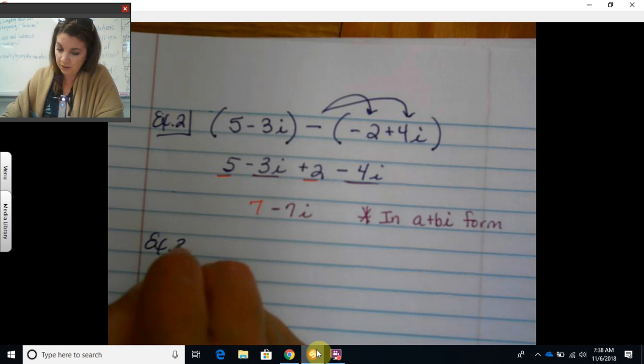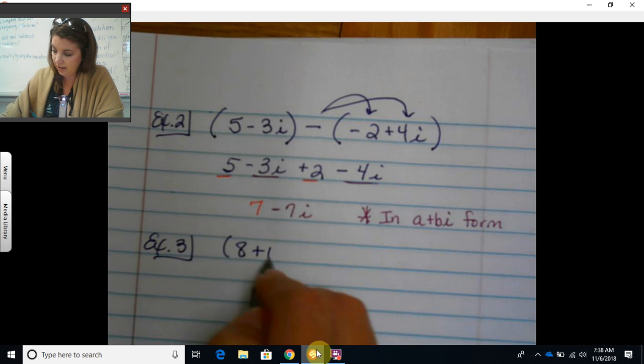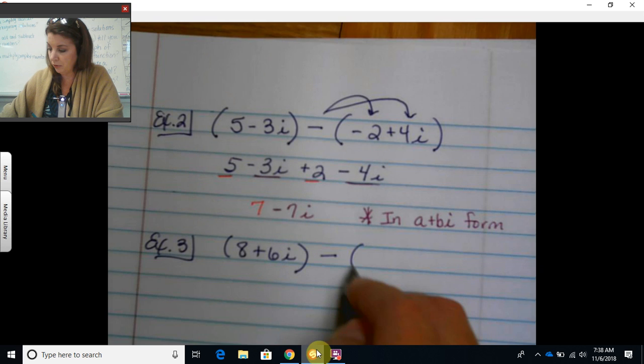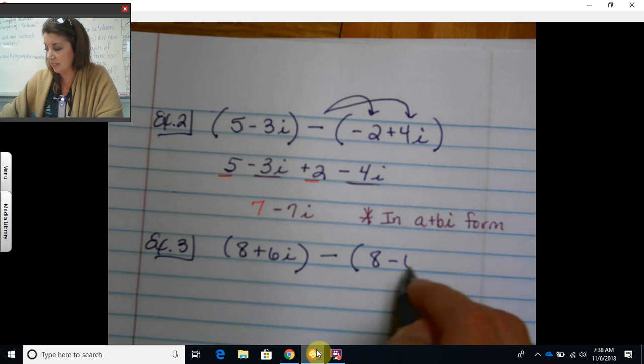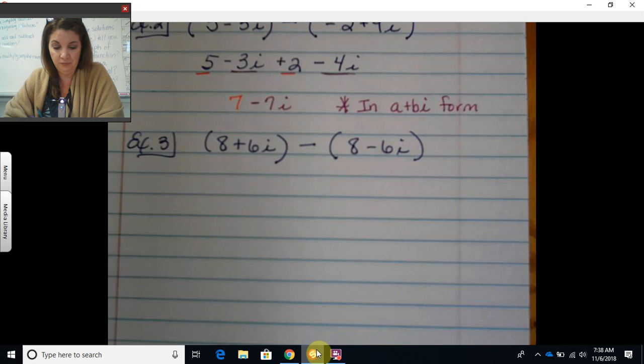Example 3. 8 plus 6i, close parentheses, minus, open parentheses, 8 minus 6i. Y'all do this one on your own and let me know what you get. Or raise your hand when you've got an answer.